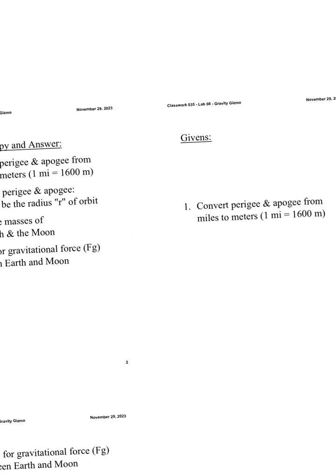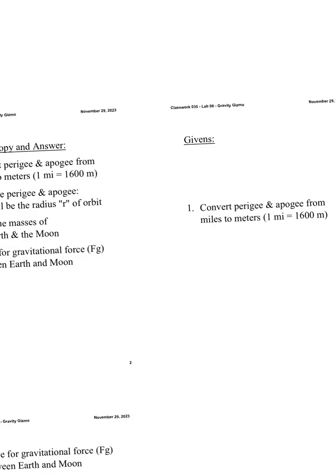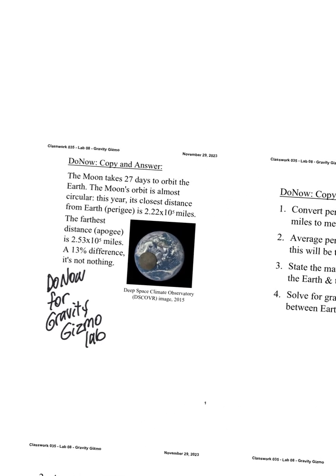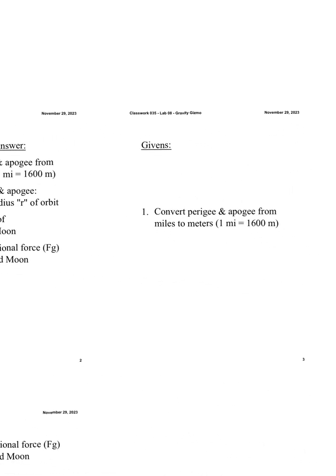Okay, so it says convert perigee and apogee from miles to meters. So let's get those numbers. Perigee, 2.22 times 10 to the 5 miles.